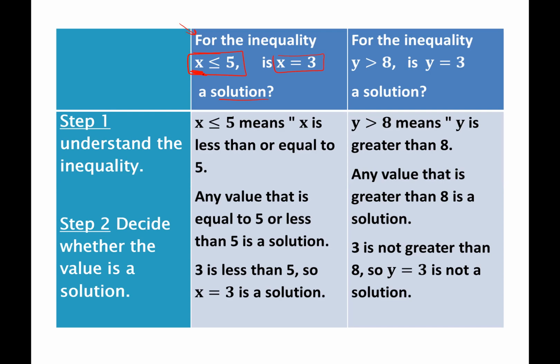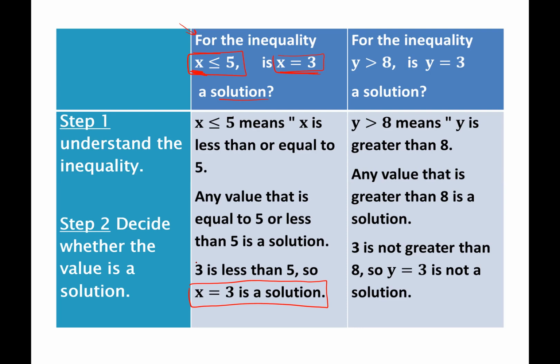So it can be 5, 4, 3, 2, any negative number. So when they say x is equal to 3, is it a solution? Yes, x equals 3 is a solution because it follows the range that we have.